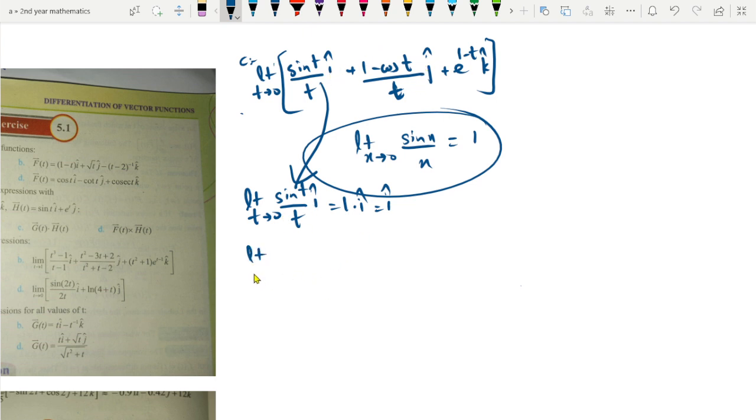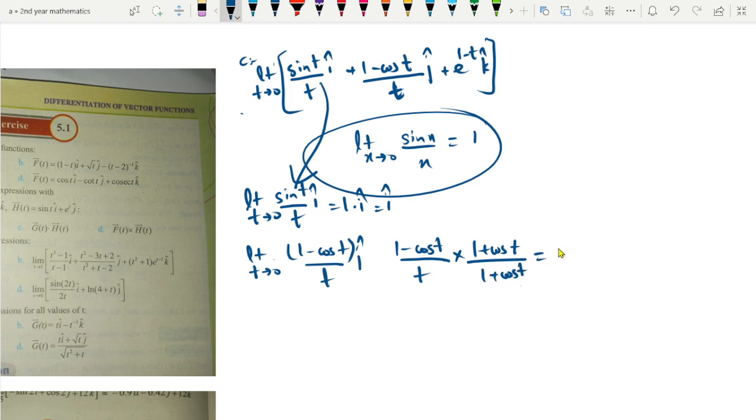Now we apply the limit on this one: the limit as t approaches 0 of (1 minus cos t)/t j. When we apply the direct limit, this will become undefined, so we multiply by (1 plus cos t) over (1 plus cos t).